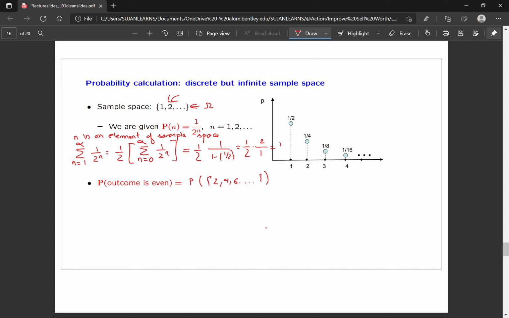Now we need to calculate the probability of this event.